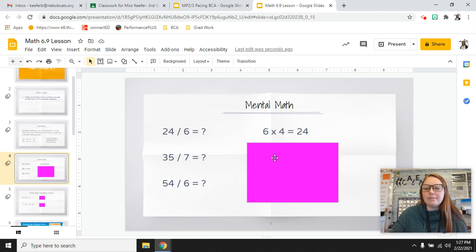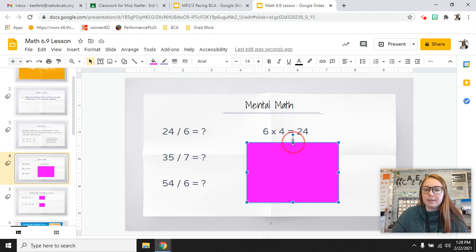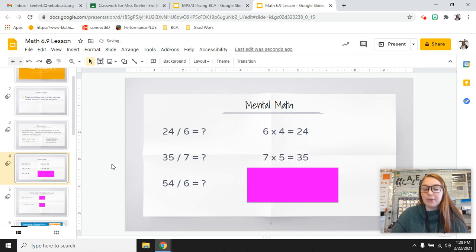Or you could say 24 divided by 6 equals 4. What about 35 divided by 7? Okay, flip it to multiplication. 7 times what would equal 35? Think about that. Did you write this on your whiteboard? 7 times 5 equals 35? So 35 divided by 7 would equal 5. You could skip count by 5.